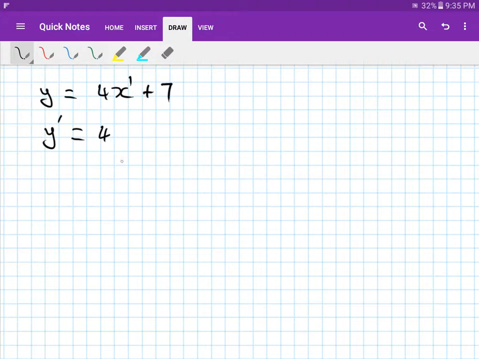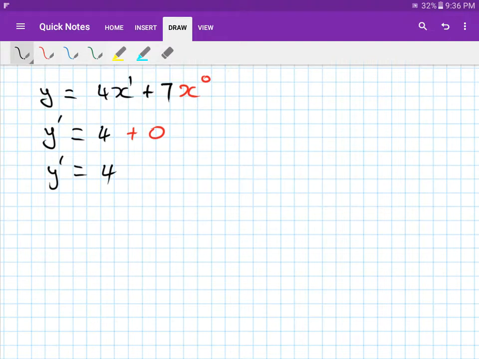X power of 0 is 1, so 4. Now 7 is just like 7 times x power of 0, and you times anything with 0 is 0. So your answer is 4x plus 0, so y dash is 4.